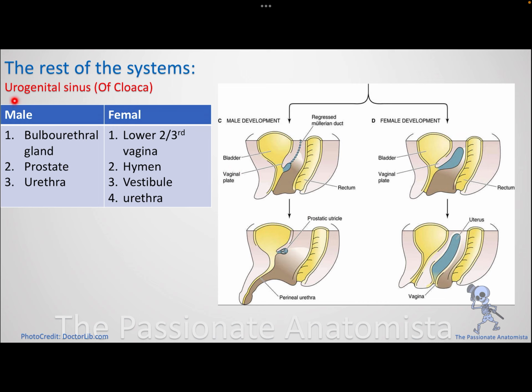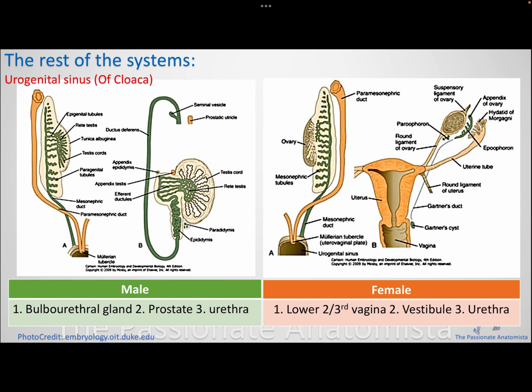All right, so it's very important you understand that the urogenital sinus of your cloaca is going to complete the story of your system. And this is a nice summary of how the urogenital sinus is going to give you the bulbourethral gland, prostate, and urethra in male, and you will have the lower 2/3 of the vagina, vestibule, and urethra coming from the urogenital sinus when it was trying to meet the paramesonephric ducts.